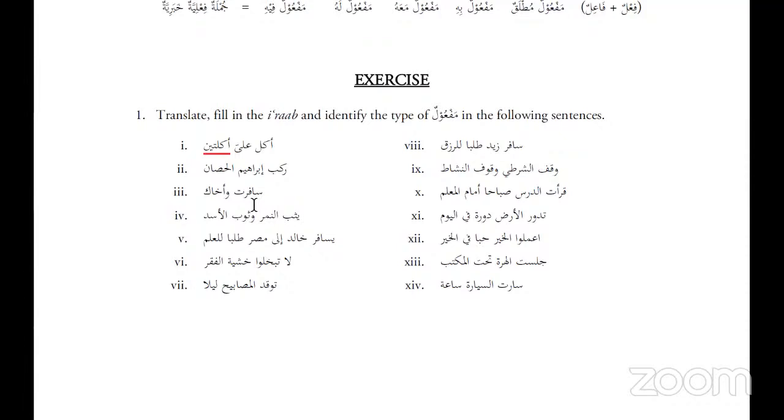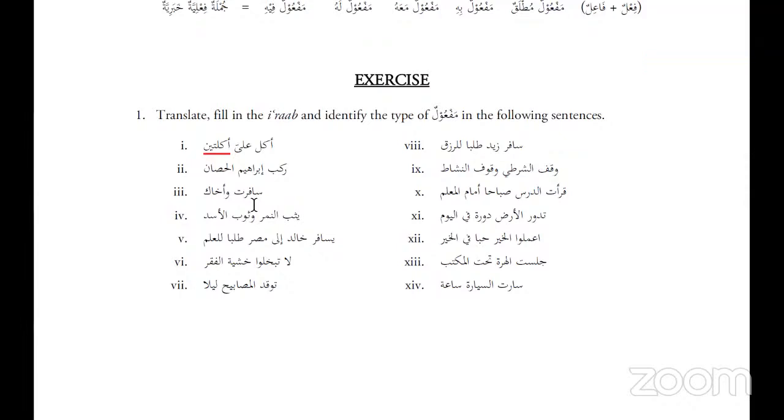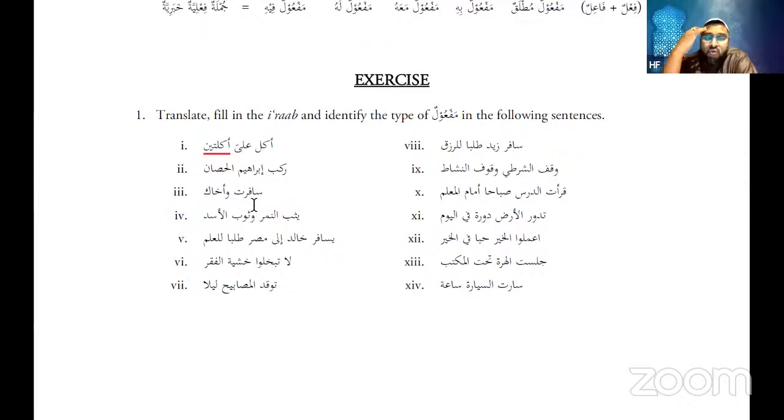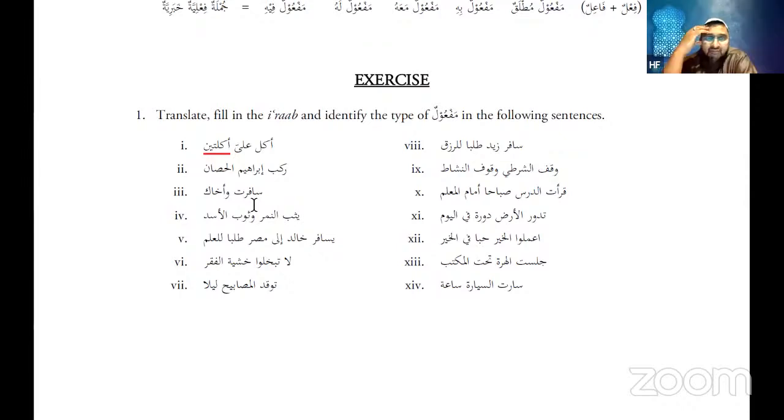Ali is the doer, since the verb requires a doer. Then akalatayn, he's saying twice. Exactly, so he ate twice.